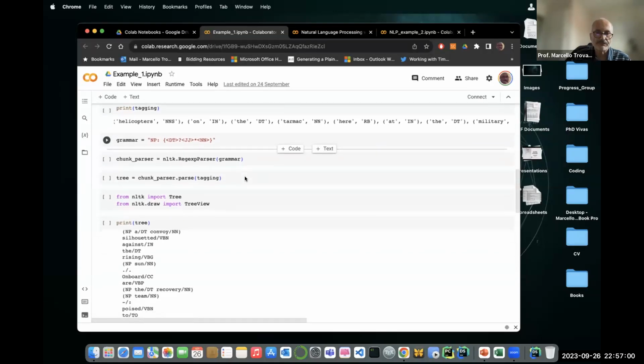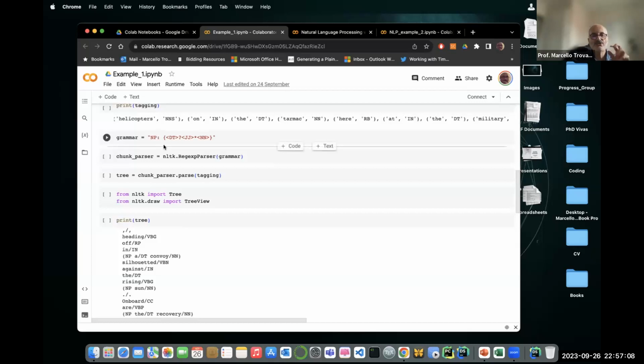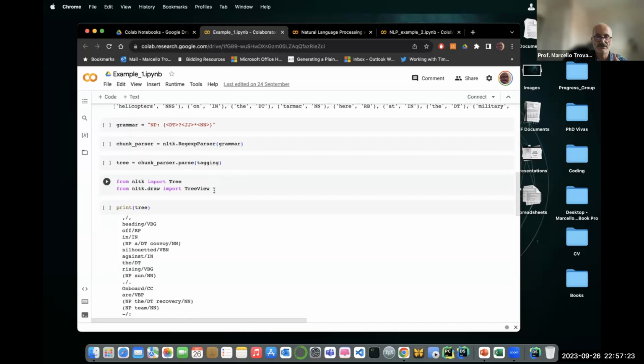Now, there are some other techniques that are used, and in some cases they're done automatically, that try to identify the structure. So here we only have the syntactic role of the words, but now we really want to know the hierarchical structure of the sentence.